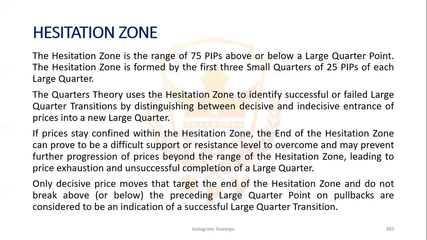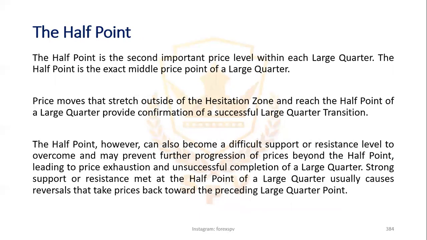We also have the half point, which would be around 125 pips, because it divides the 250 pips into two. The half point is the second most important price level within each large quarter, and can also become a difficult support or resistance level to overcome, and may prevent further progression of price beyond the half point.